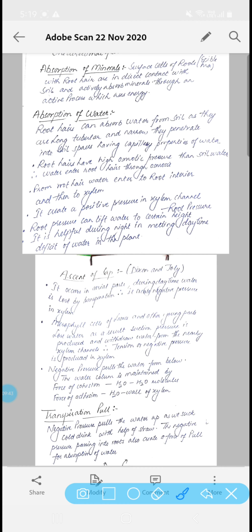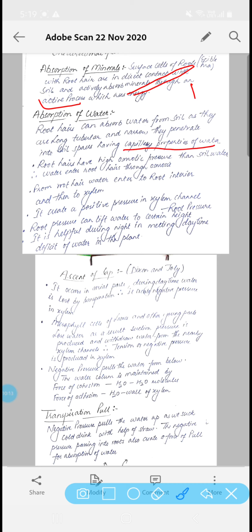If we observe the structure of a root hair, it is long, tubular and narrow. So they penetrate into the soil interspaces and show the capillary properties of water. Capillary means a quite narrow kind of tube. Have you seen the thermometer? The mercury rises in the capillary.